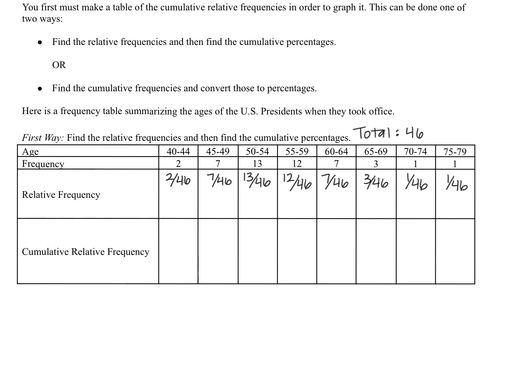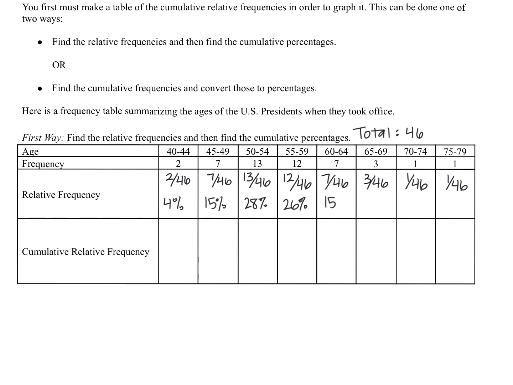Now I'm going to convert all of these fractions to percentages. I'm going to do whole number percentages, because when we get to the graphing part, it's easier to go based off whole numbers. So 2 out of 46 is roughly 4%. 7 out of 46 is 15%. 13 out of 46 is 28%. 12 out of 46 is 26%.